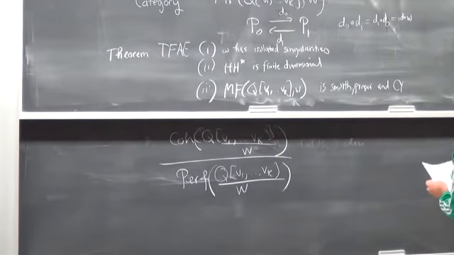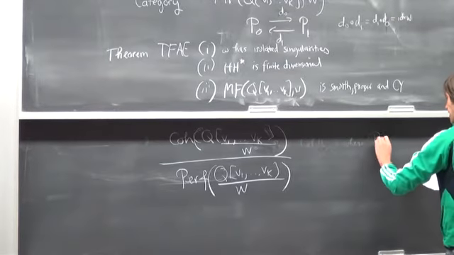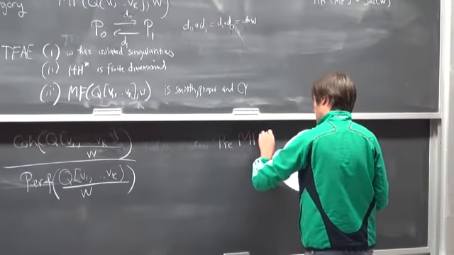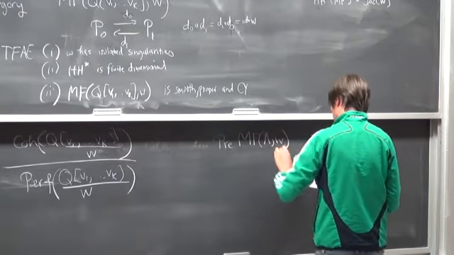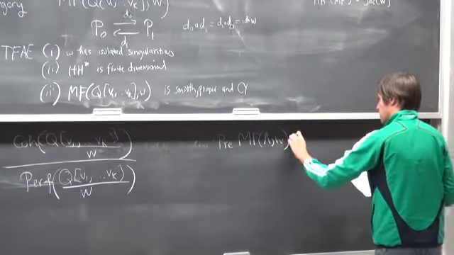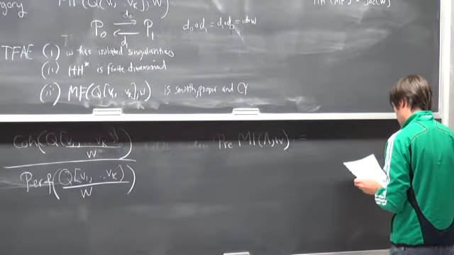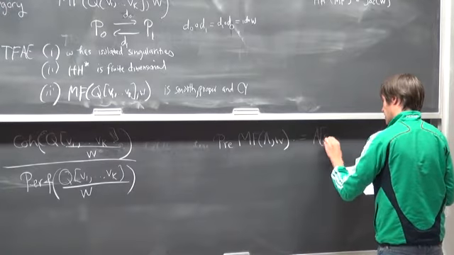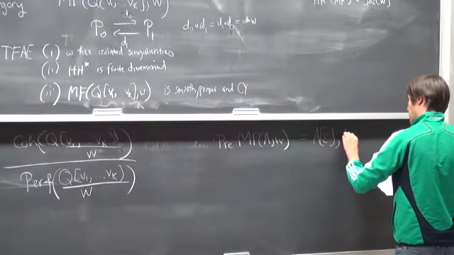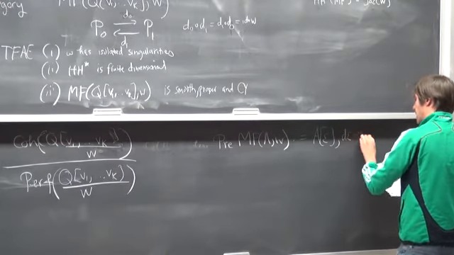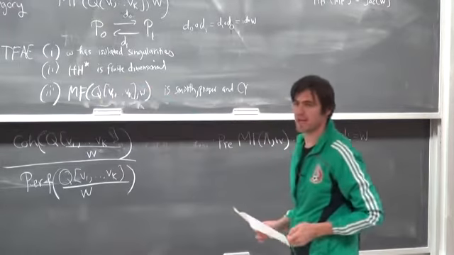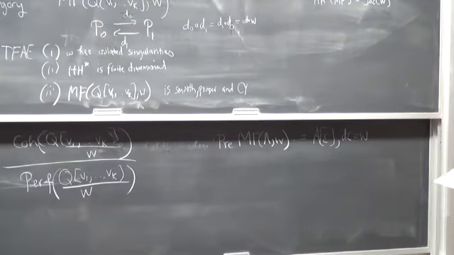So here we're going to define a category pre-MF of A comma W, which is A adjoin E. Now A is like these non-commutative examples I mentioned earlier.